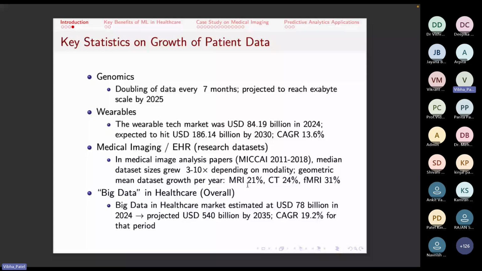So overall, the statistics project that the amount of healthcare data that will be generated is enormous, and you will require either more medical professionals who could perceive this data and interpret it, or you use learning algorithms which can learn from this data and make interpretations which can be beneficial for the doctors.